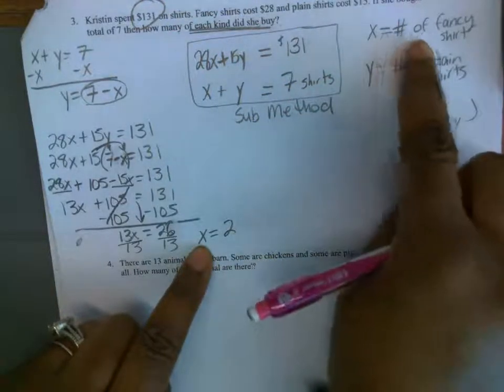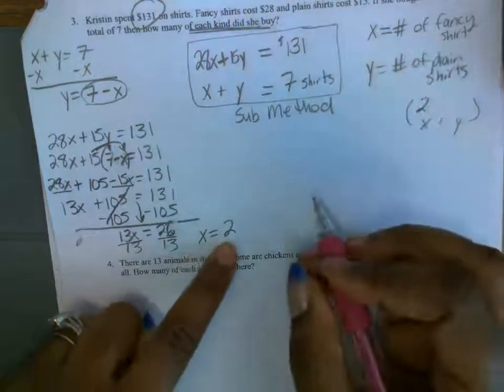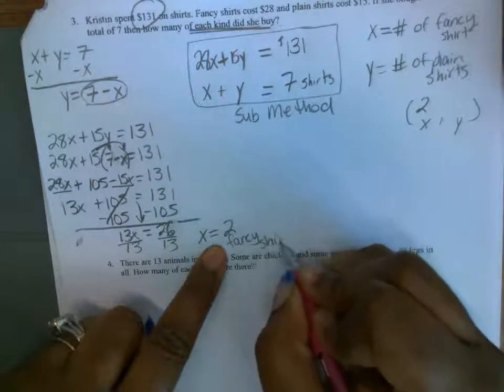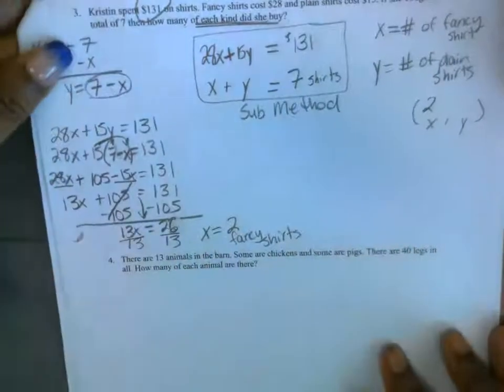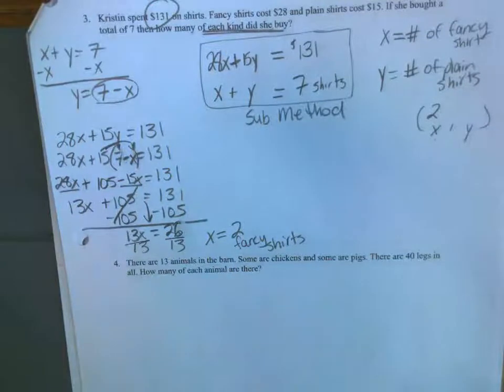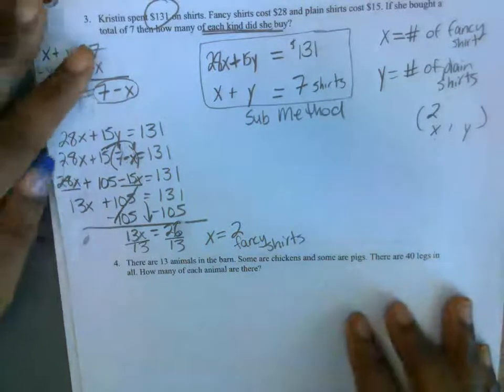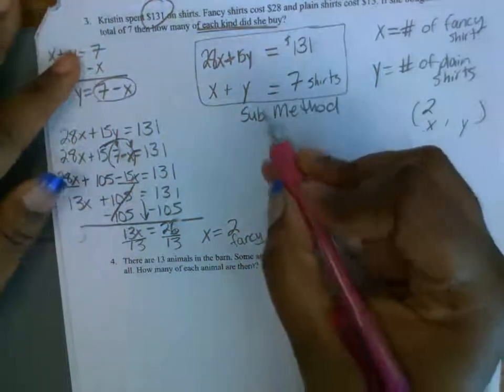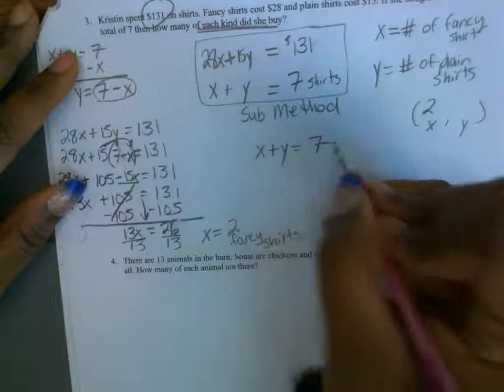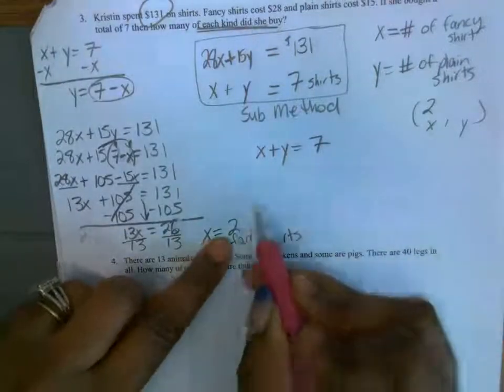And remember, x is the fancy shirts. So there are 2 fancy shirts. So now all we got to do is figure out how many plain shirts. Which equation is the easiest equation to use to figure out the number of plain shirts? Very good. It's the second equation, X plus y is equal to 7. So plug in 2 for x.